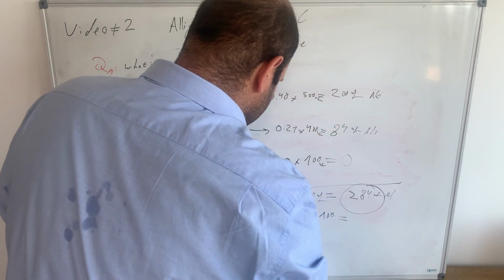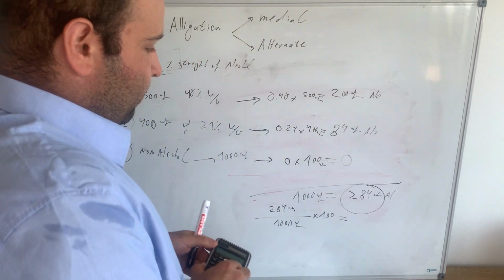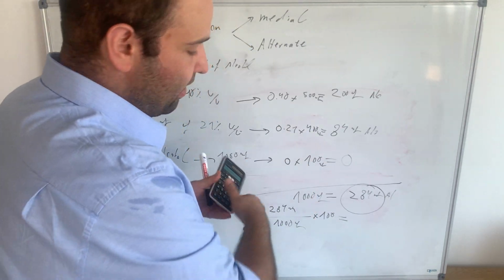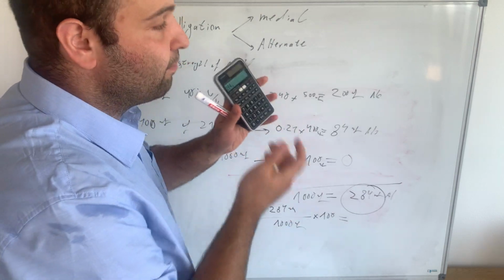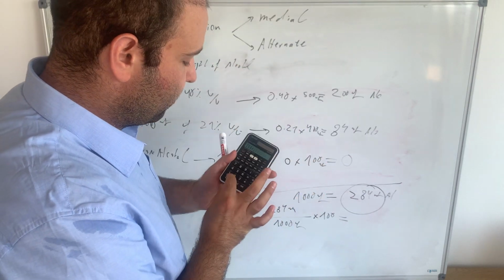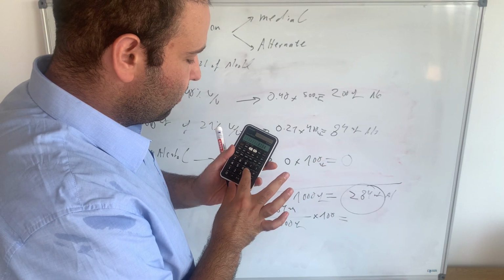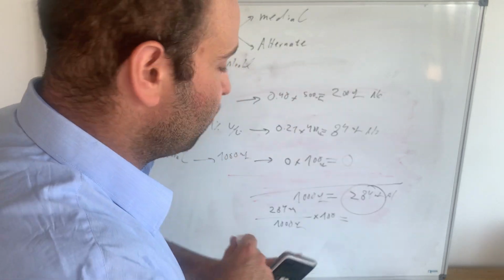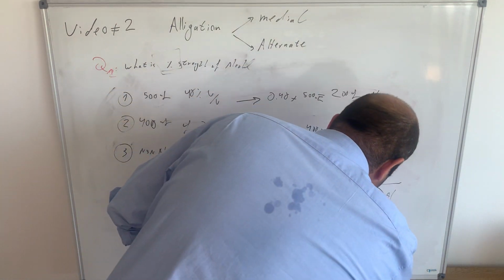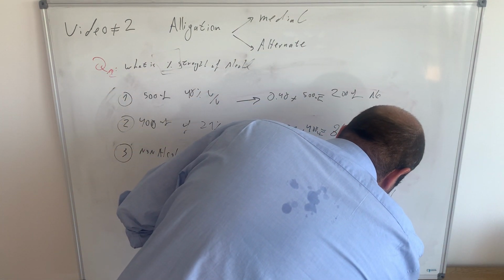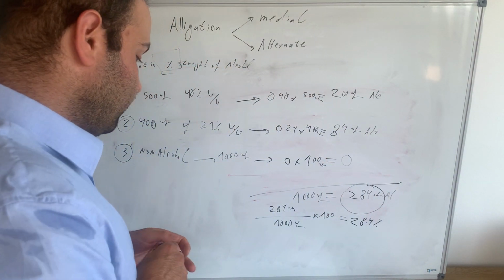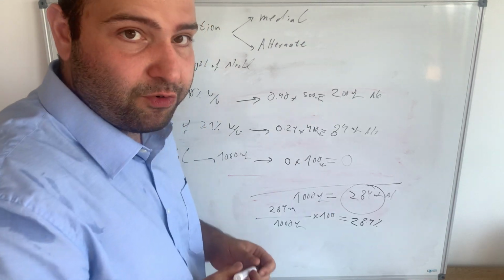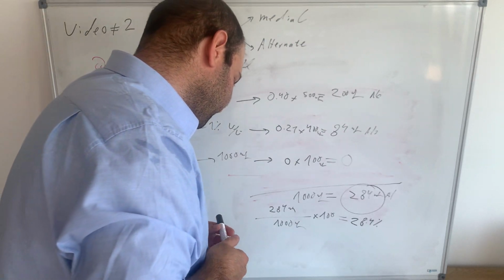So the answer would be, always use a calculator. As I said, you can possibly do it without a calculator, but use the calculator. 284 divided by 1000, multiplied by 100, the answer is 28.4%. This is the final concentration of this preparation.